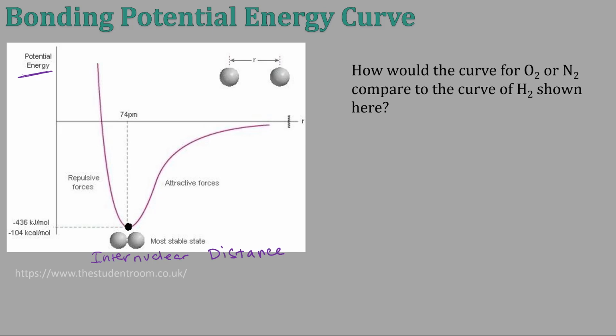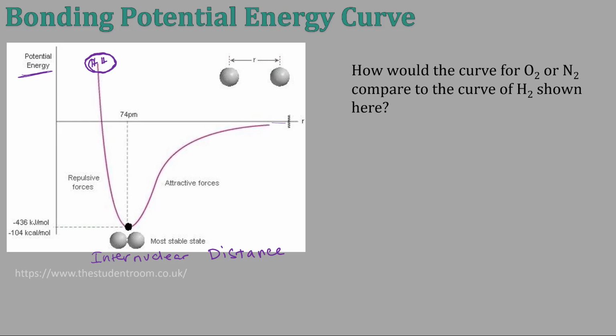This is for hydrogen. Up here at the top, we would basically have two hydrogen atoms overlapping each other. They have repulsive forces up here because they're too close together, they can't form a bond. The two nuclei of the hydrogen atoms are too close together and pushing away from each other.